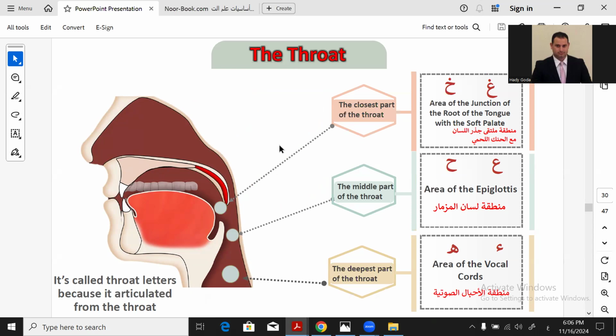Letter Hamza is like the sound of the letter A in apple. You can say a. This is the articulation point for the Hamza, so this is the makhraj of letter Hamza and Ha.